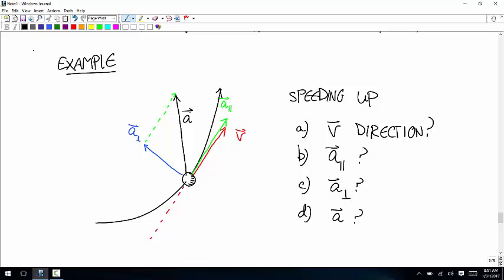We know the direction of A perpendicular perfectly, and we know the direction of A parallel perfectly. But we don't know the magnitudes of them. A perpendicular could be this long for all we know, or A parallel could be this long. So we don't really know that A is in that direction. We just know it's somewhere in this quadrant. Okay. Does that make sense?